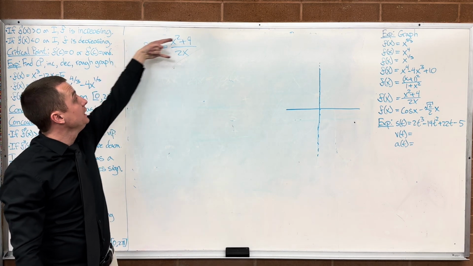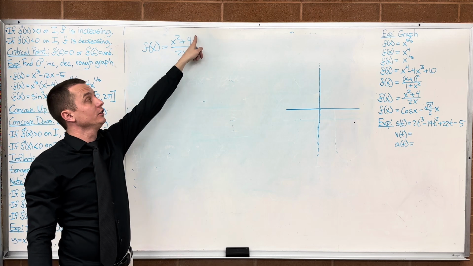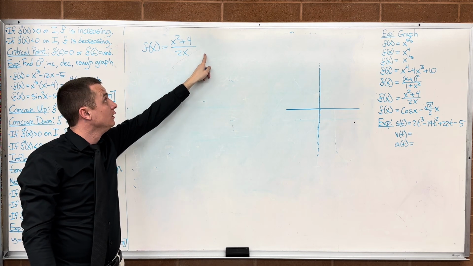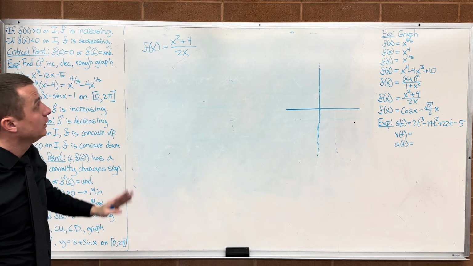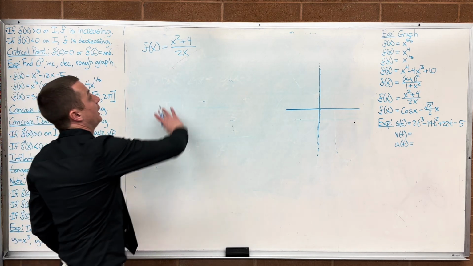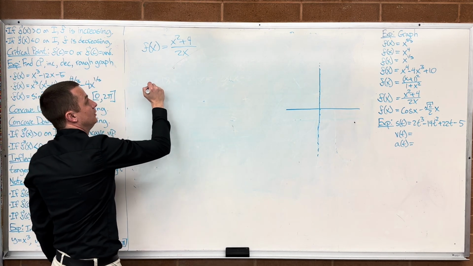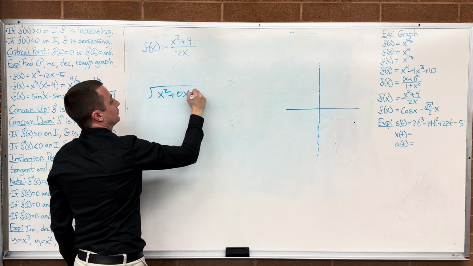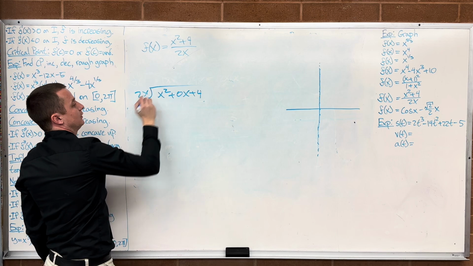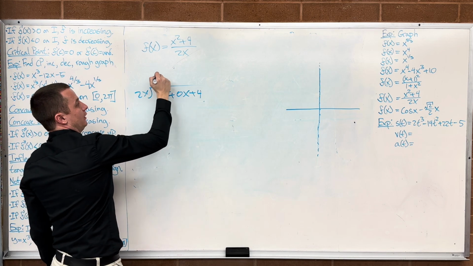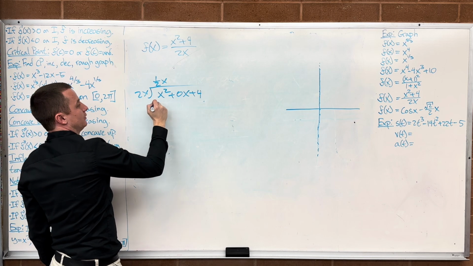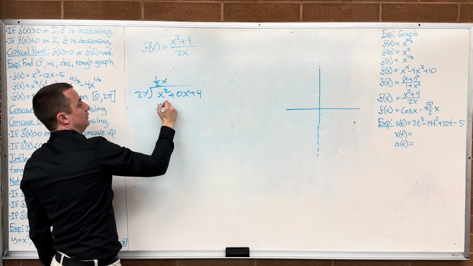And you have an oblique asymptote, since your numerator is 1 power higher than your denominator. And so the way you do it is you have to calculate the division. So, reminding you of stuff you already did, x squared plus 0x plus 4, and we're dividing that by 2x. 2x goes into x squared 1/2 x times, since 1/2 x times 2x gives me x squared.